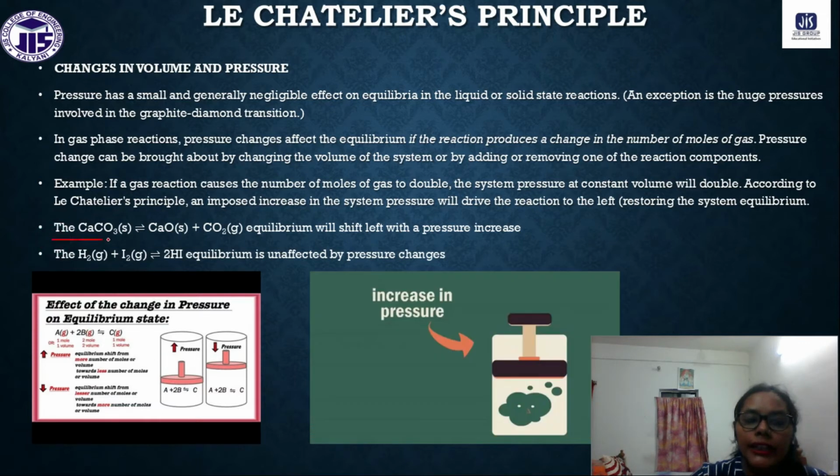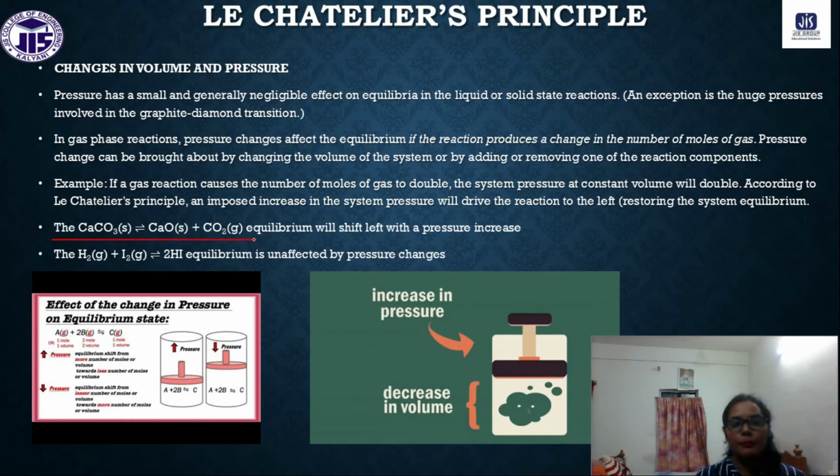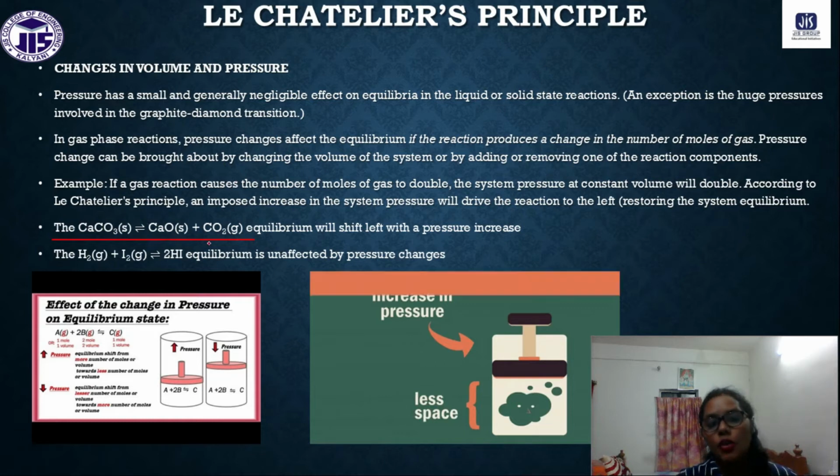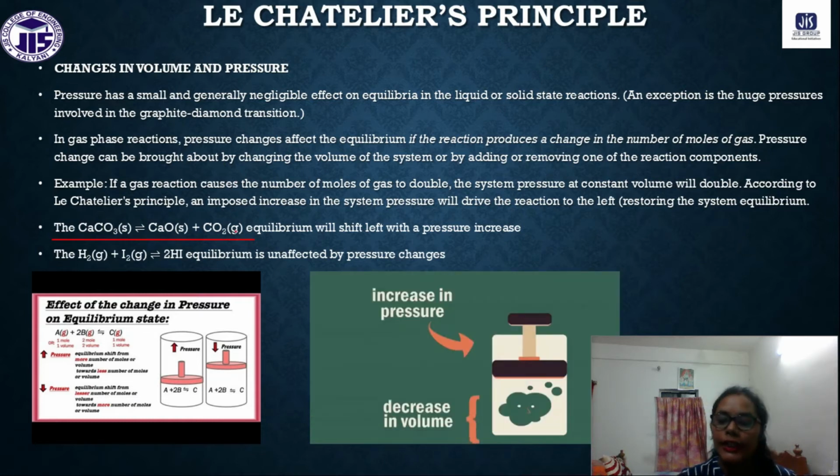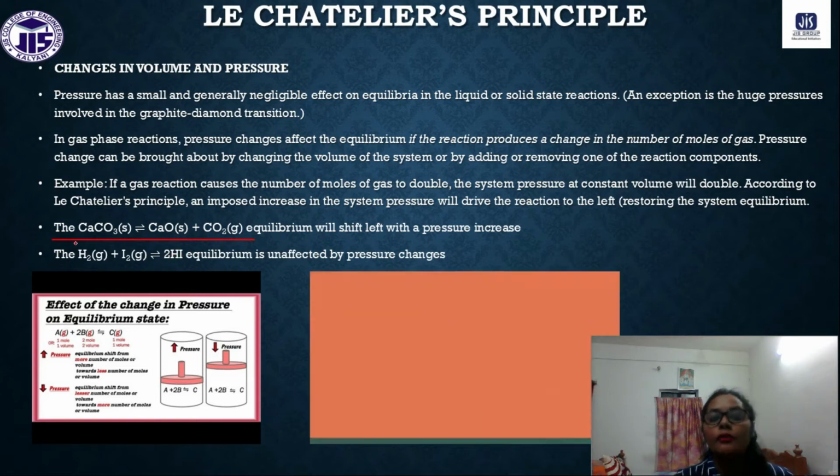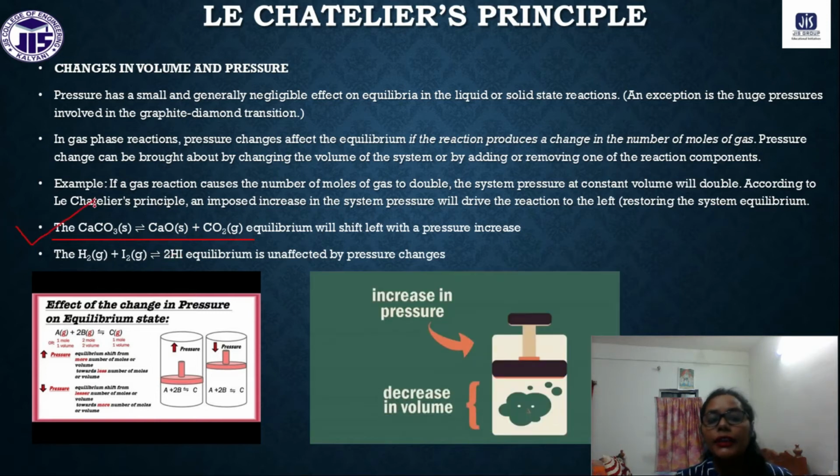Like if you take this equation, what will happen? One molecule of calcium carbonate produces one molecule of calcium oxide and one molecule of carbon dioxide. So from one molecule of reactant we are getting two molecules of product, right? For this reaction, if we increase the pressure, the volume decreases.